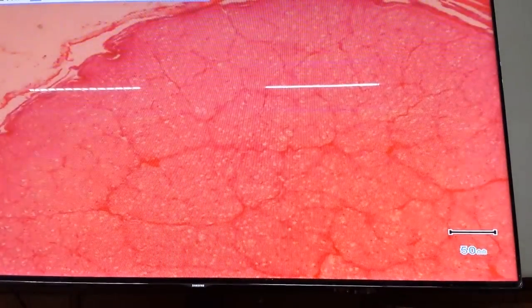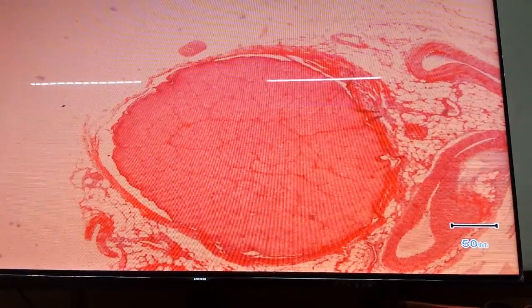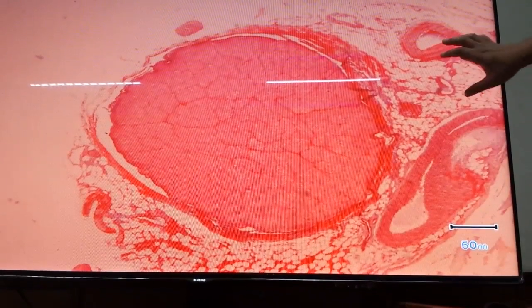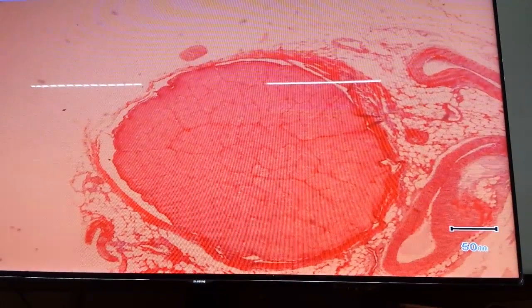So some of the slides here are redundant. Okay. So you can see similar appearances. This would be the optic nerve accompanied by the vascular channels.